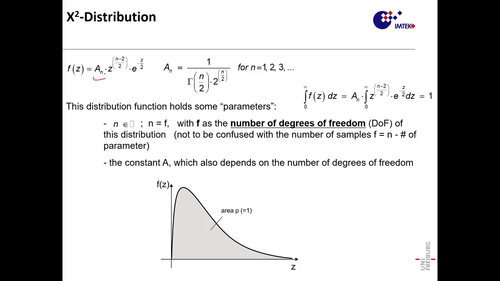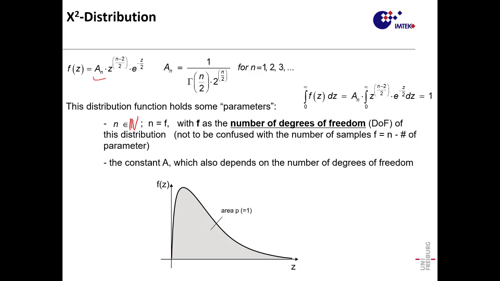It's less complicated. But when I say n, it's not the number of data, it's the degrees of freedom. The degrees of freedom in any distribution is defined as the number of data that you have minus the parameters that you want to estimate from the distribution.